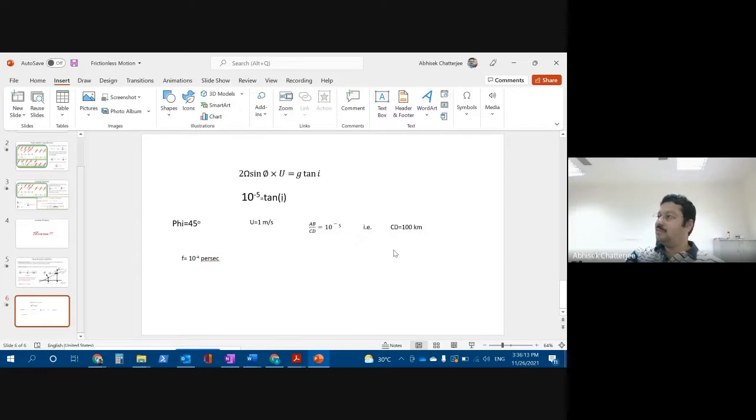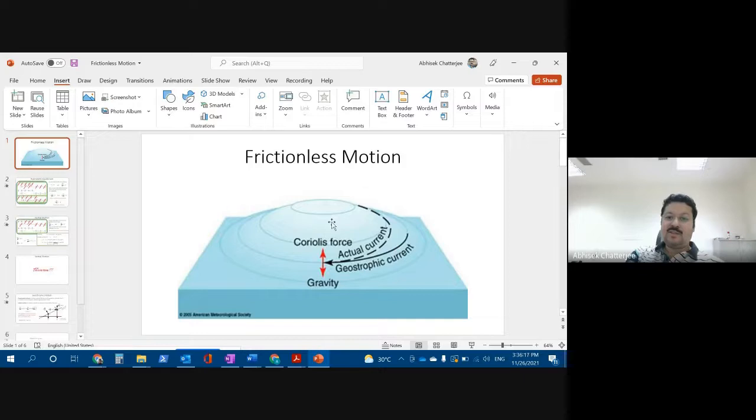Okay, so if I go back to that original one, if there is a 1 meter per second speed here, and this is in geostrophic balance, that means the flow will be clockwise in this case. Then in order to get a 1 meter height at the center of this motion, the radius has to be about 100 kilometer.